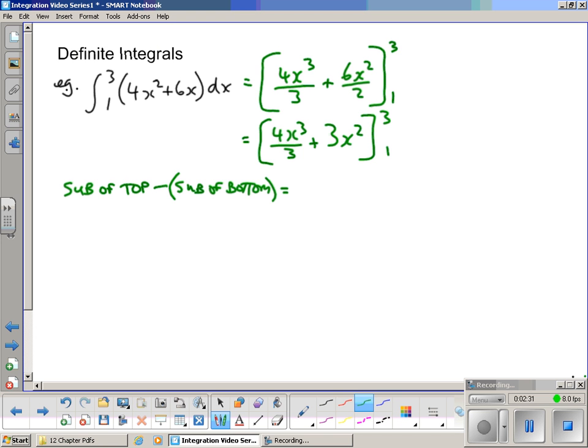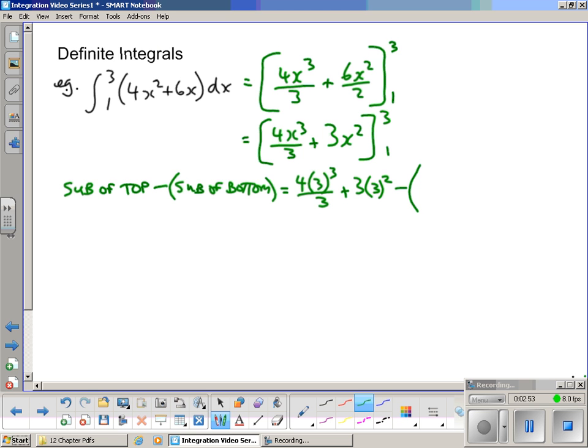Now, when we substitute 3 into wherever there's an x in this expression, we've got 4 lots of 3 cubed over 3 plus 3 lots of 3 squared, minus, and I'm going to put a big bracket there, so I'm really careful with my substitution here and my subtraction of the second section.